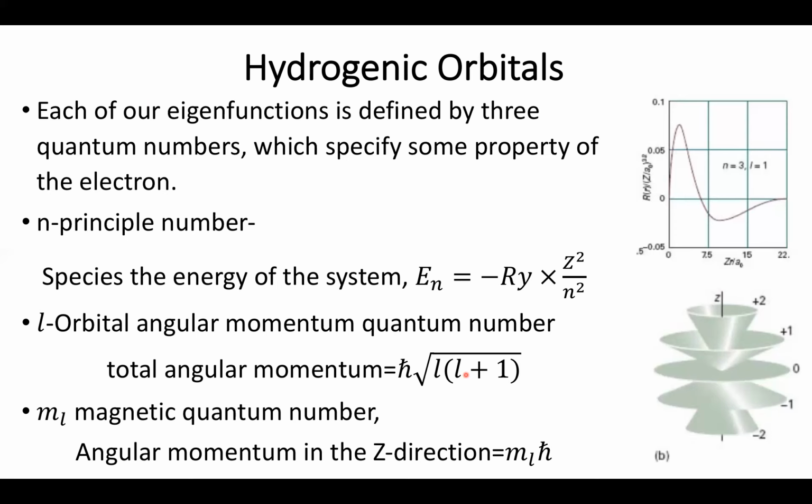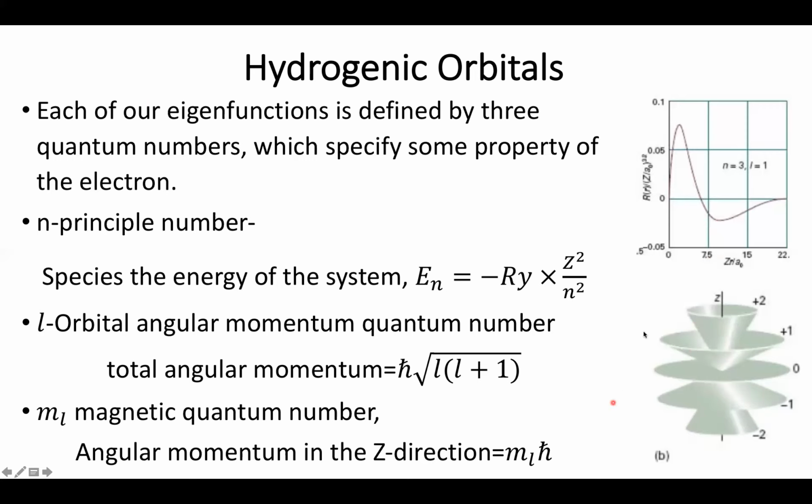And that magnetic field is going to be pointed along the principal axis of the orbital angular momentum. However, we can't exactly detect which direction it's pointed, but we can detect how much of the angular momentum is pointed in the z direction. And that's really what m sub L is telling us: how much of that angular momentum is pointed in the z direction, and whether it's pointed up or down.